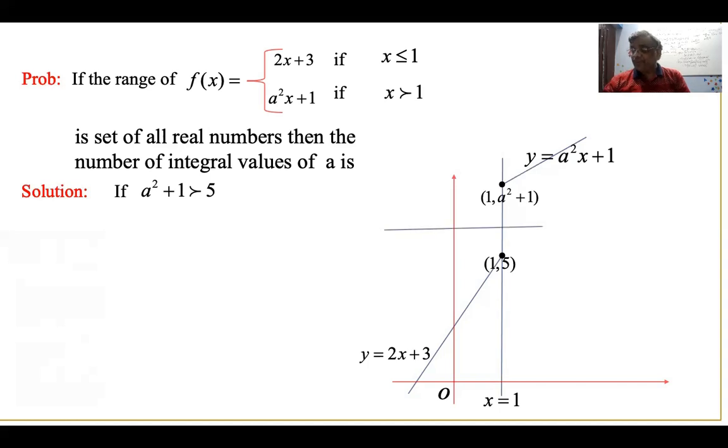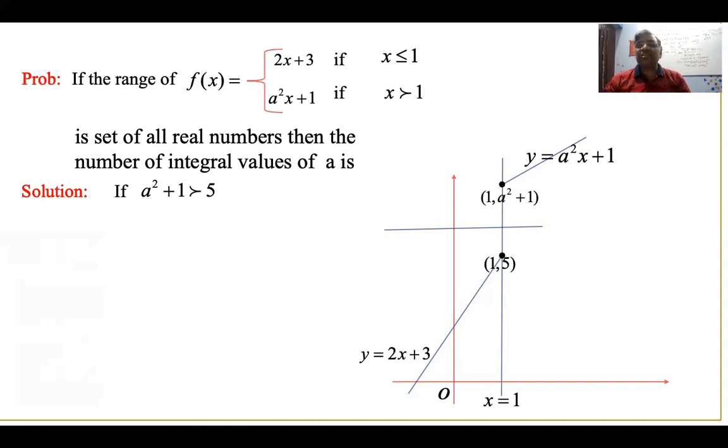For this line, there is no x such that f of x has this value. That implies this horizontal line is not intersecting the graph at all, which means the function cannot be onto, right?